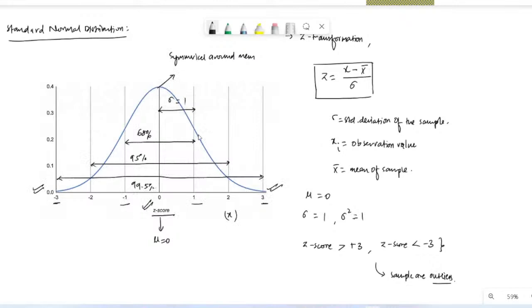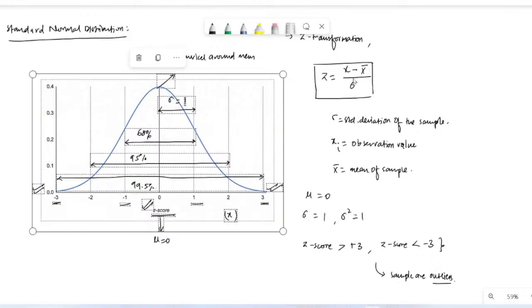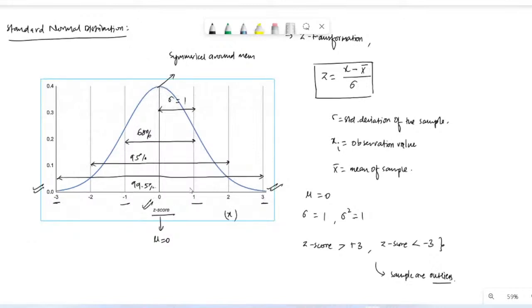Why do we have 0 as a z-score? This is a mathematical value, so it could be anything. What's the problem? It could be +1, it could be -1, it could be 0. These are all calculated from this particular value.